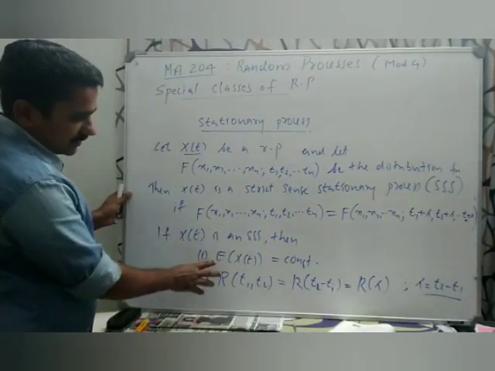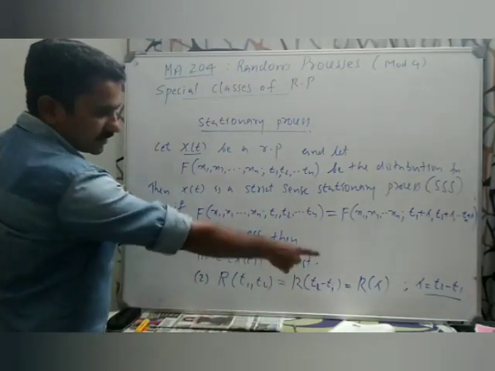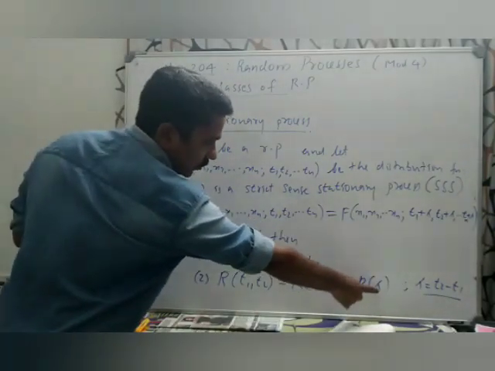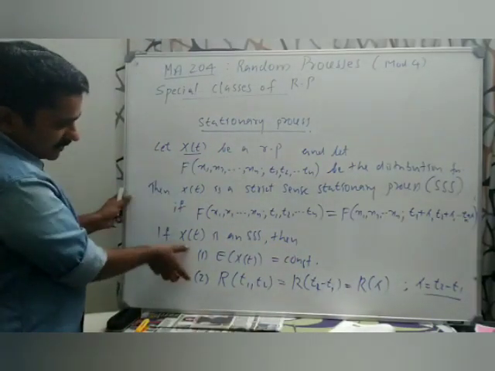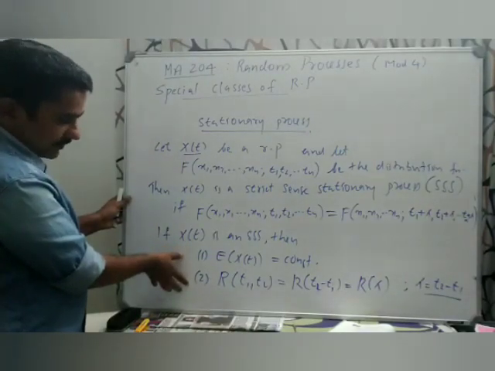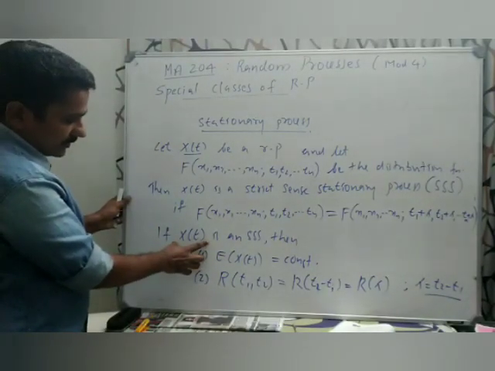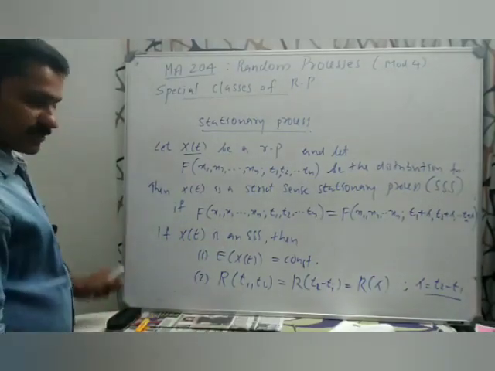That means we check whether the expectation is a constant and the autocorrelation function is a function of tau. If a random process satisfies these two conditions, we say that x of t is a wide sense stationary process.